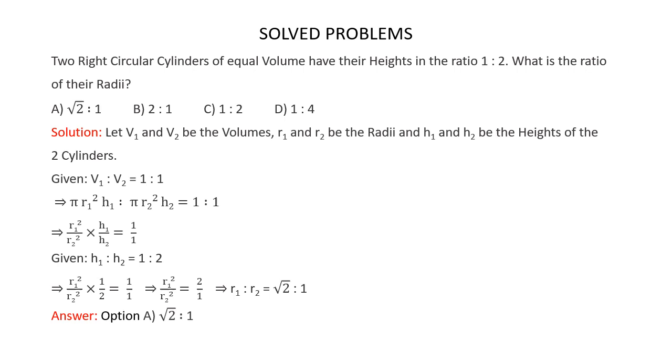On solving this, we get R1 is to R2 is equal to root 2 is to 1. So the ratio of the radii is root 2 is to 1. The correct answer is option A, root 2 is to 1.